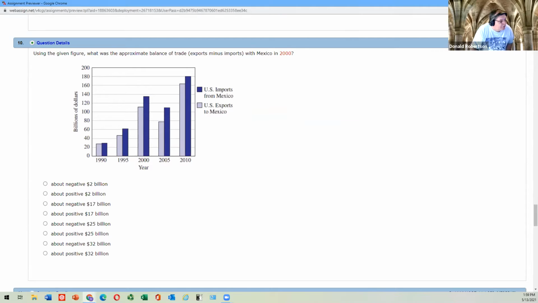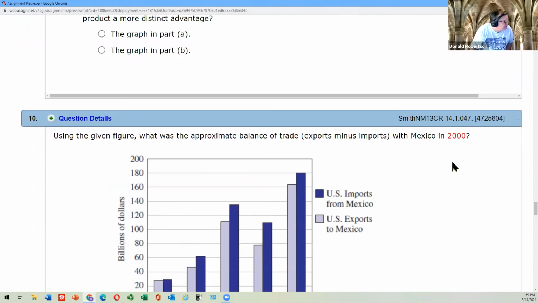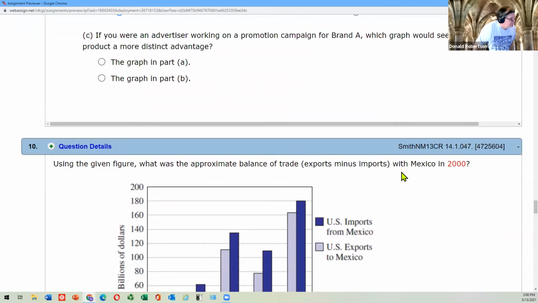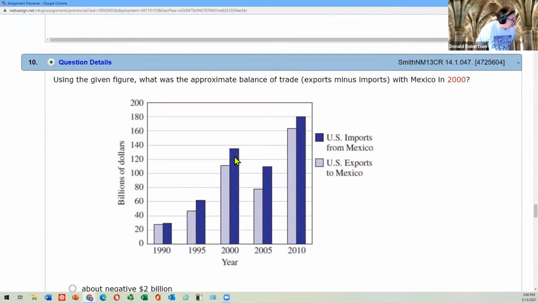And back onto charts. Now it's asking approximate, so we'll do our best to judge this. Balance of trade, that's exports and imports. So we buy more stuff, import it, than we sell to Mexico. And we're being asked to figure it out in the year 2000. So here's the year 2000. And this is a judgment call.